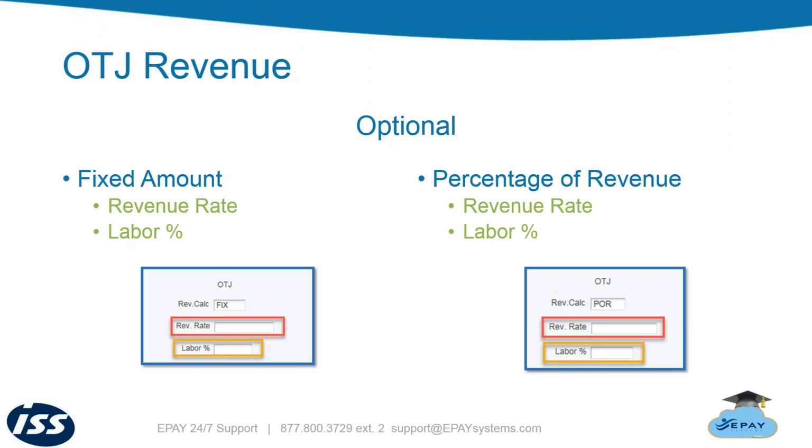So you have fixed and percentage just depending on the contract, and please keep in mind if it's contractual or monthly, that's important information to include and let us know about that job.